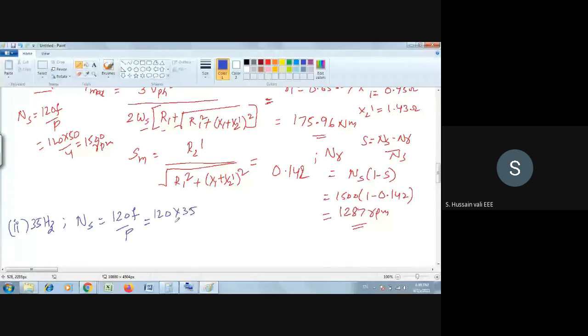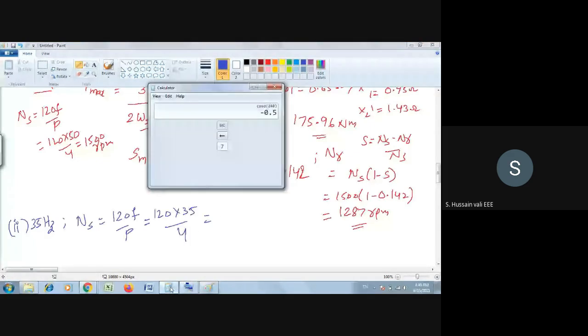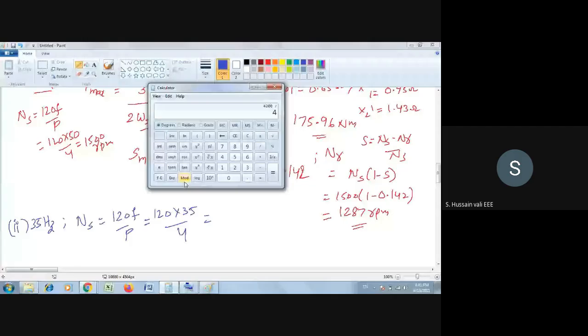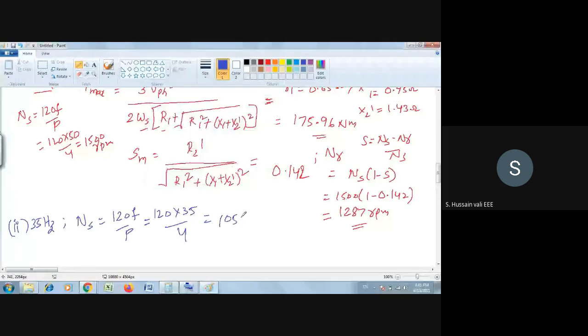So what we will get here is 120 into 35 by 4. So we will get 1050 rpm.